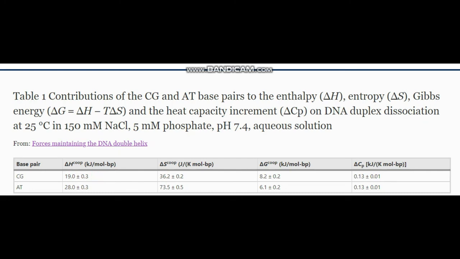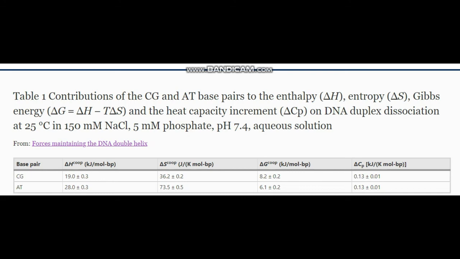And notice that we're saying that this delta H comes from the stacking interactions, not from the hydrogen bonding. And we talked about the fact that we expect the contribution to delta H from the hydrogen bonding to be small, because basically you're just replacing one set of hydrogen bonds with another.